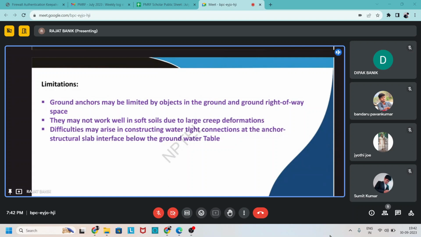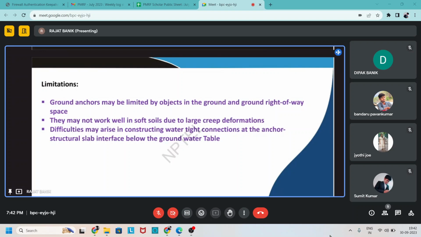They may not work well in soft soil due to large creep deformation, and difficulties may arise in constructing a watertight connection at the anchor structural slab interface below the groundwater table, which occurs during the installation of the ground anchor.